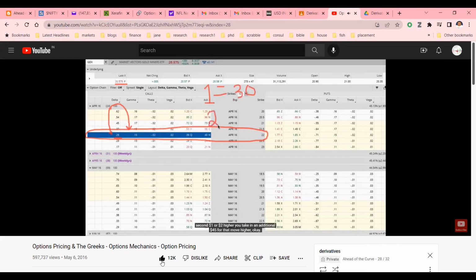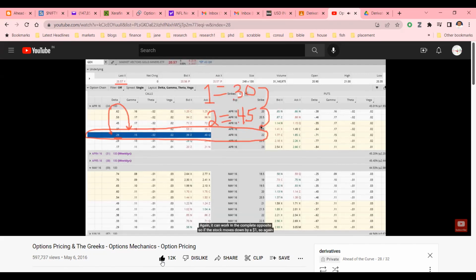The second dollar, now $2 higher, you take in an additional $45 for that move higher. You can see that as the stock rallies in your favor, with call options you have an opportunity to compound a profit in a small snowballing fashion.